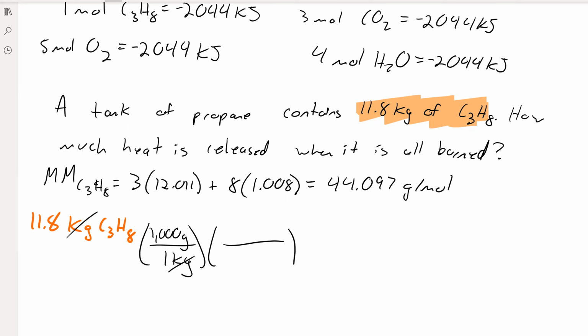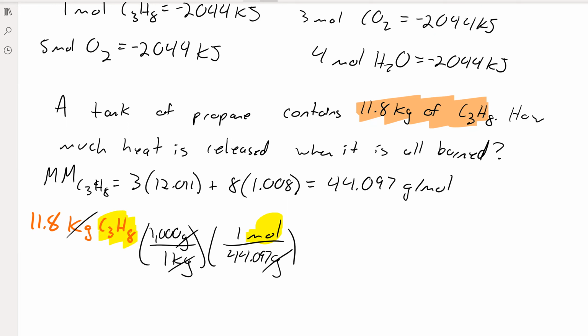Plug that in here. Since we have grams up top here, grams is going to go down on the bottom. Grams and grams cancel out. And so now you can see the units that we're left with are moles of C3H8.